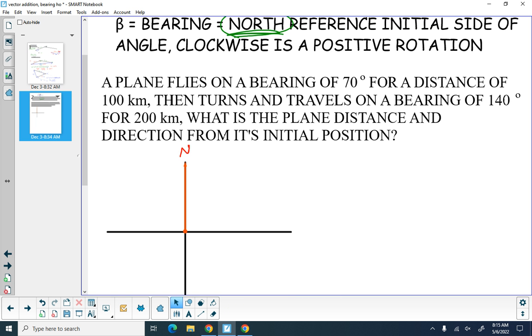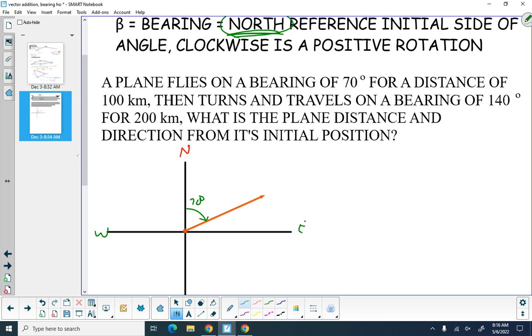We are going to fly on a bearing of 70 degrees, so we are going to rotate 70 degrees. So basically, we're traveling in this direction, northeast. We're going 70 degrees off of north.